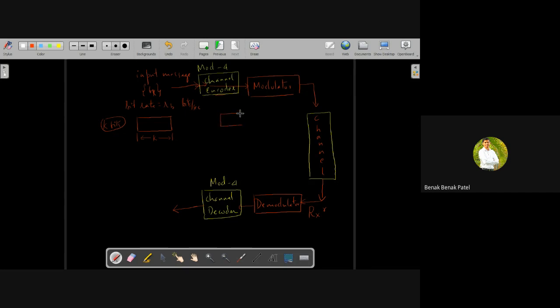So what the channel encoder does is, to this k message block, it adds additional bits called check bits, and these check bits are of what length? It is of length n minus k.